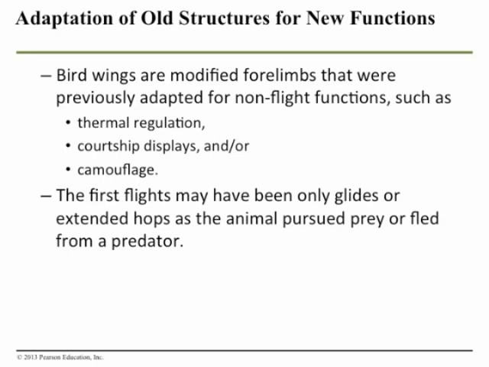So some birds actually have feather colorations that let them blend into environments. So it might have been camouflage as well. So although this might have driven the evolution of feathers in the first place, eventually some birds began using their feathers to help them glide or extended hops as the animal either pursued prey or fled from predators.